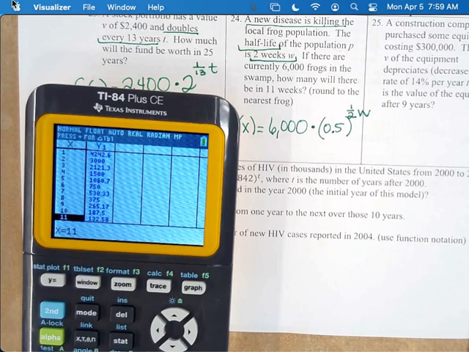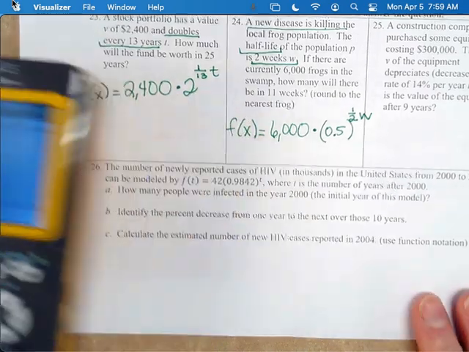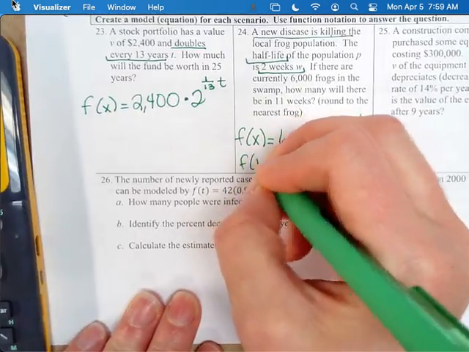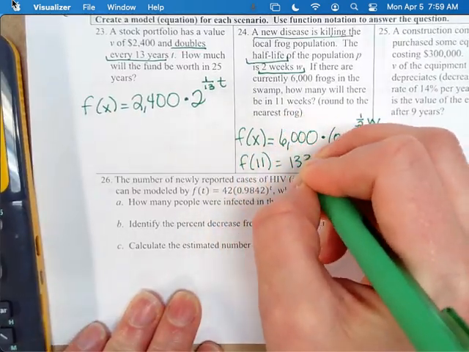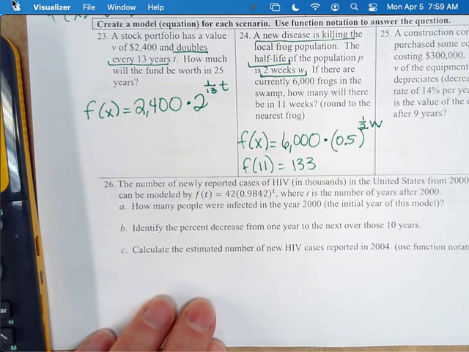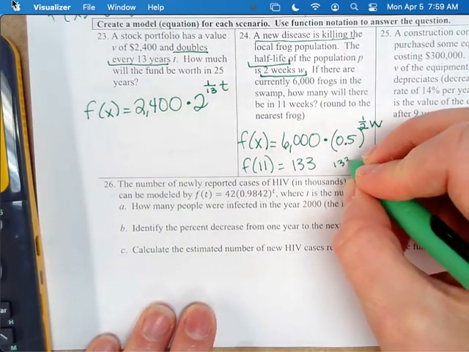So what would that be? 133, right. Or you can write 133 frogs.